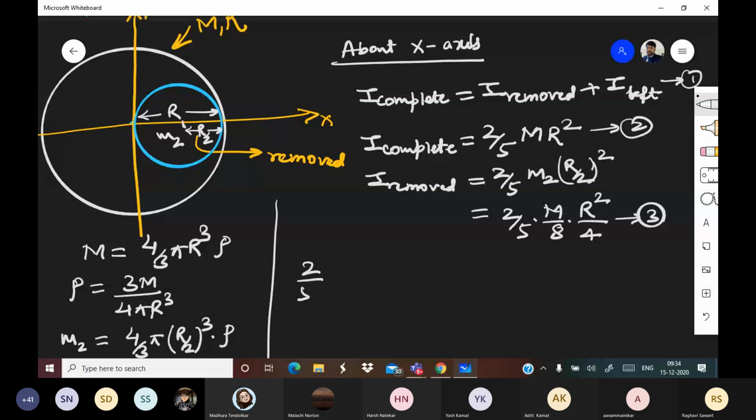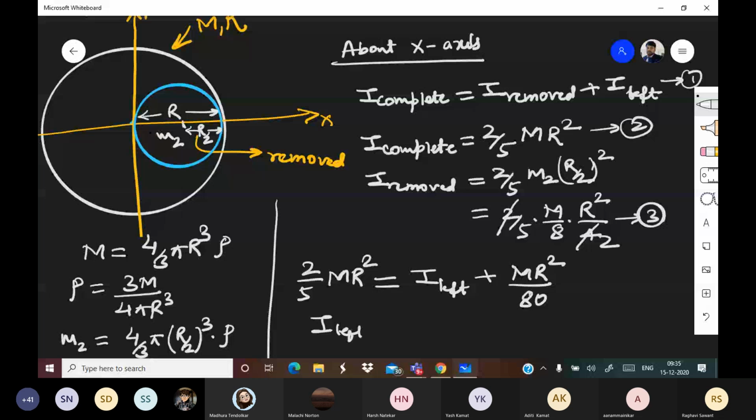So 2 by 5 capital M R square is equal to I left plus I removed. Let me write it in this term only. So 8 into 2 is 16, into 5 is 80. So capital M R square by 80. So I left comes out to be 2 by 5 capital M R square minus M R square by 80.